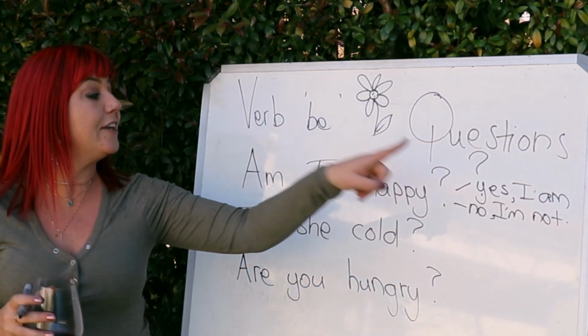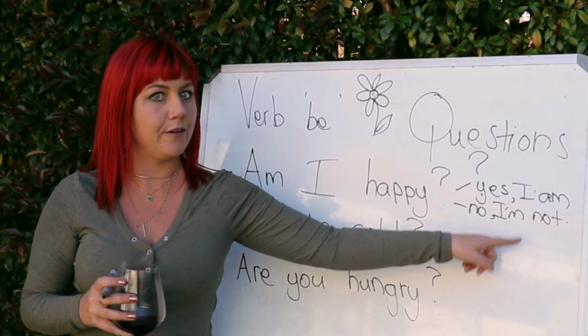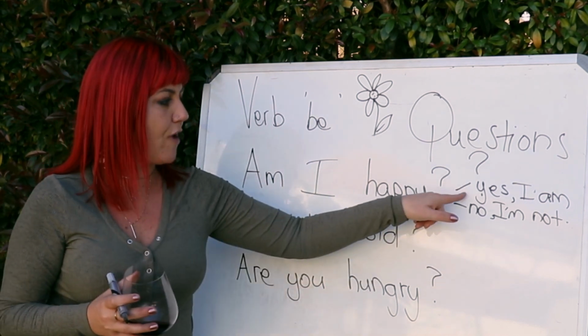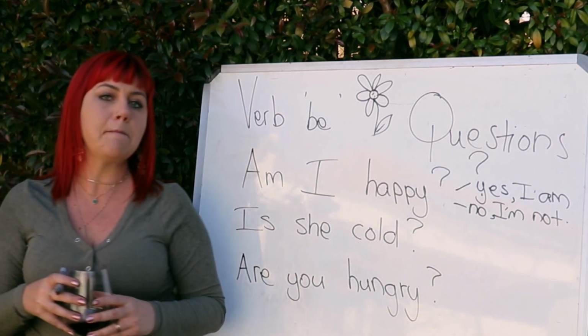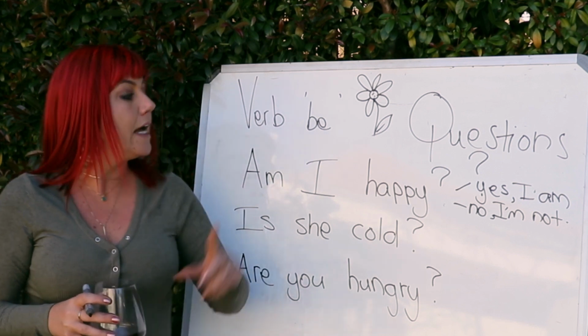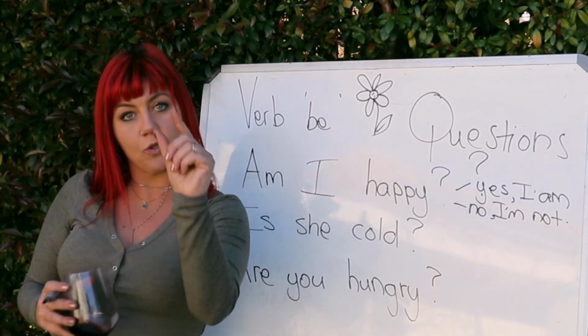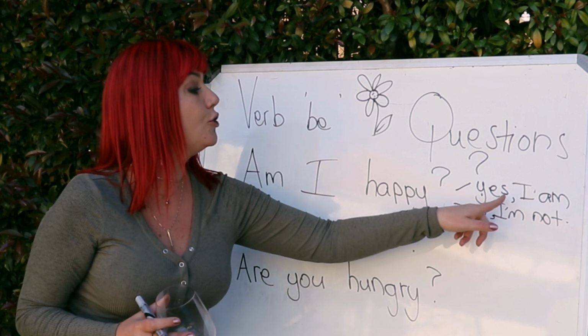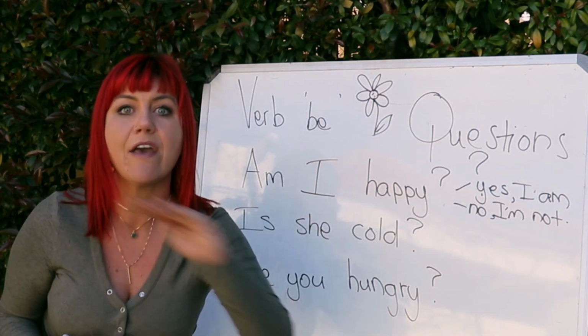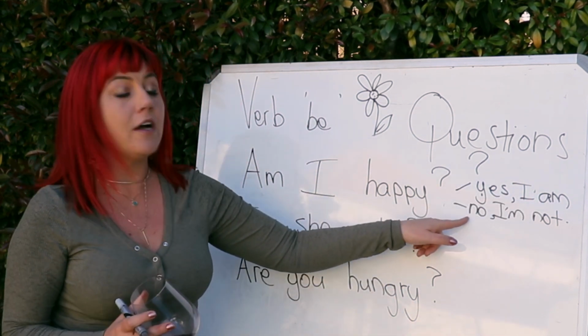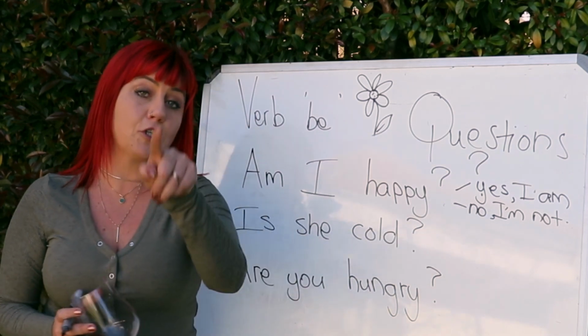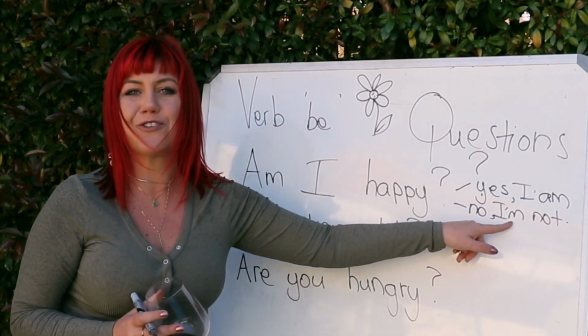Now, what can you notice here? Did I contract in the positive? No, I did not. If you're going to answer a short answer in the positive, you do not contract ever. If you're answering in the negative for a short answer, you can contract.